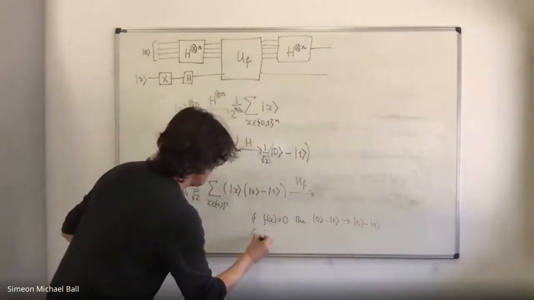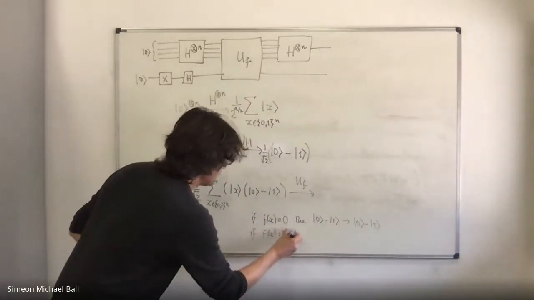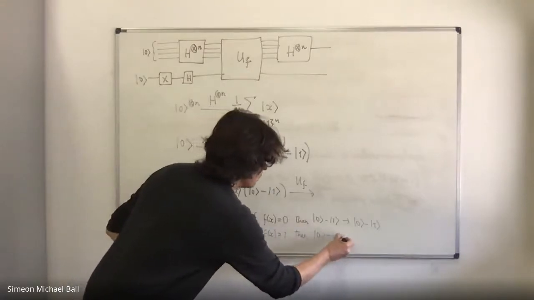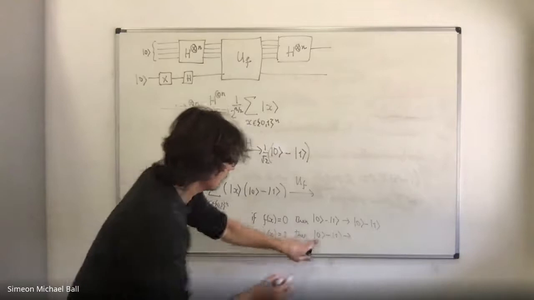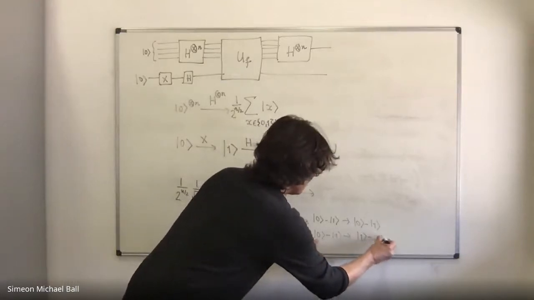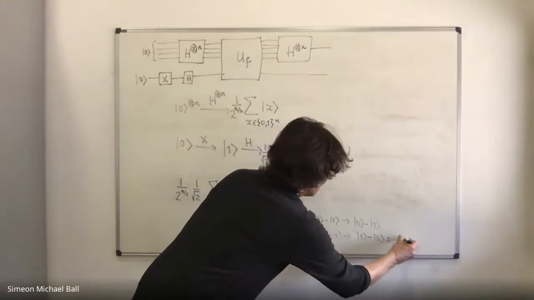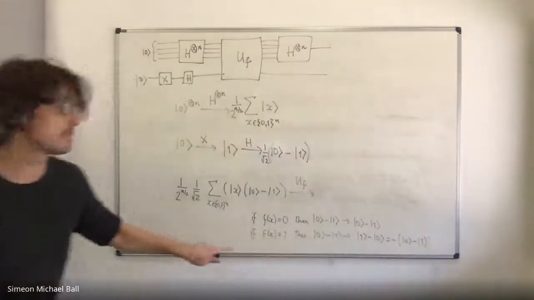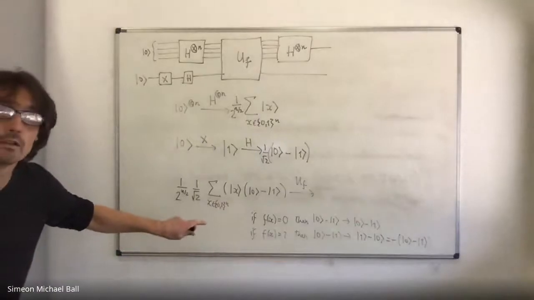And if f of x is equal to 1, then 0 minus 1 will go to, well, we're going to be adding on 1 here, so this will be 1 minus 0, which of course is minus 0 minus 1.